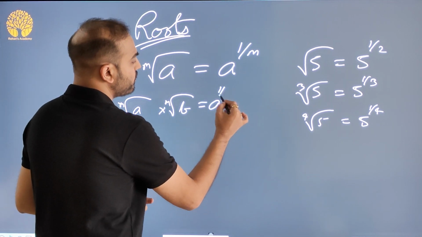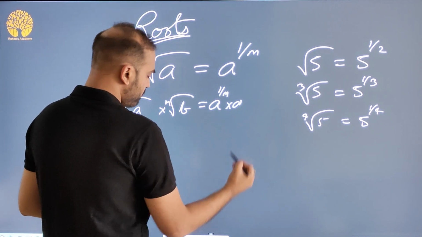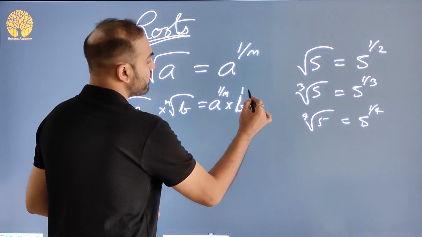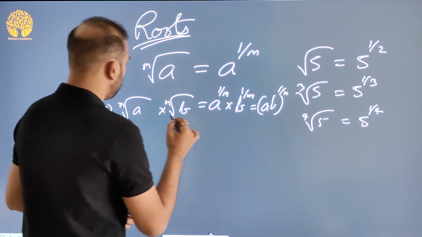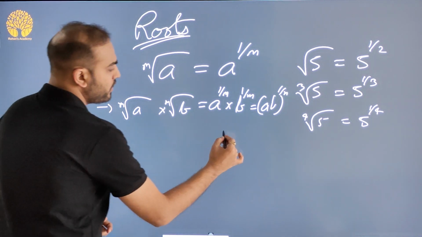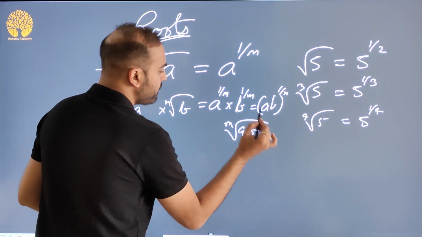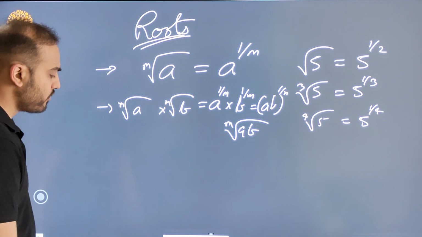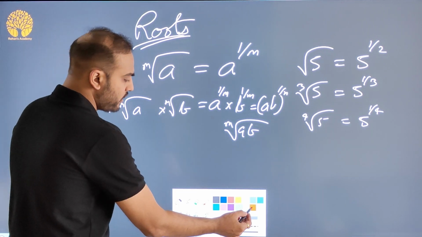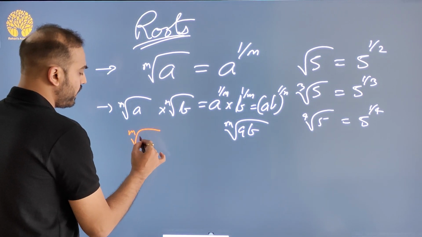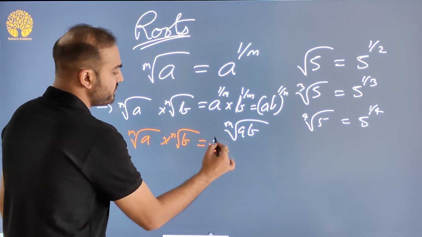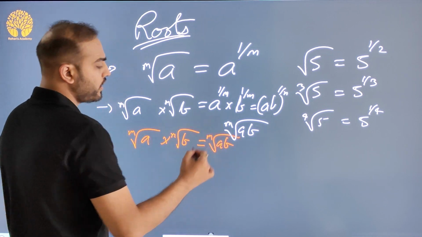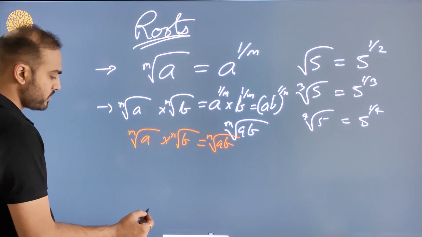This is a power 1 by m into b power 1 by m, which is simply ab power 1 by m, right? Which is the mth root of ab. All right.